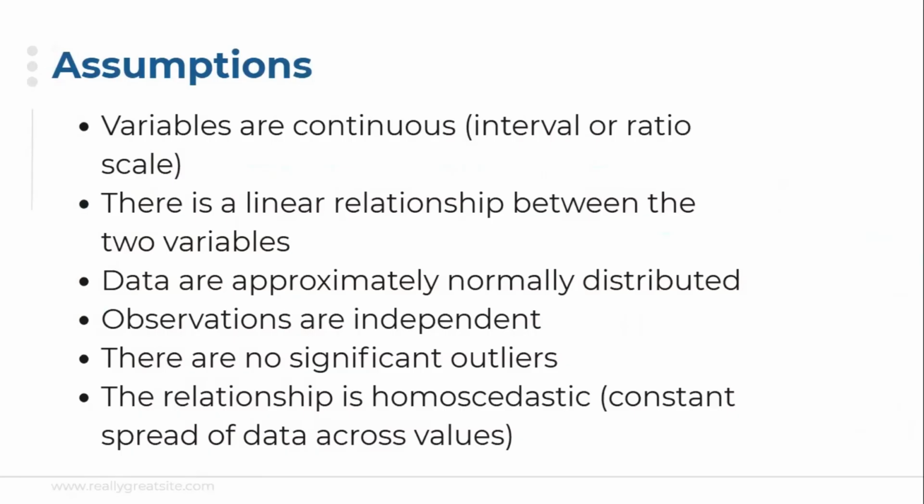The other assumption is that the data has to be approximately normally distributed. And that is something we need to check before we do correlation analysis. We need to also check that observations are independent. We check that there are no significant outliers, and the relationship is more statistic. We shall learn more of what that means.